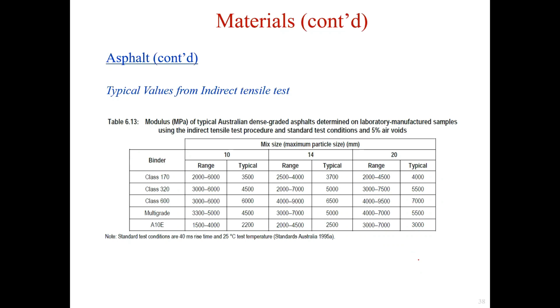These values are provided for a range of mix size and binder type. For example, for binder class C320 and mix size of 14, the typical modulus of dense graded asphalt is 5,000 megapascal.